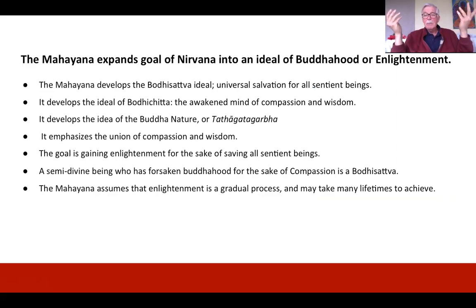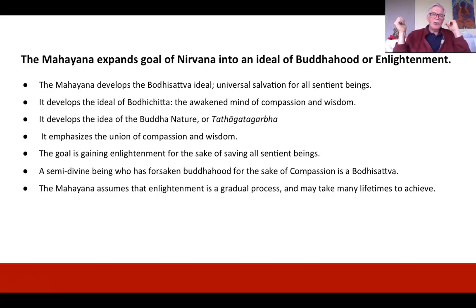That was not right. Buddhi actually means discriminating awareness, or what we might call intelligence. So the bodhi is like an enlightened intelligence, and citta is the awakened heart. Or actually, it means the awakened mind, heart of compassion and wisdom. And citta is not quite the heart. That also is an aspect of mind. It's the awakened mind of compassion and wisdom.